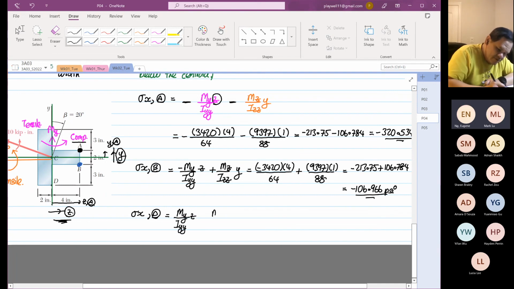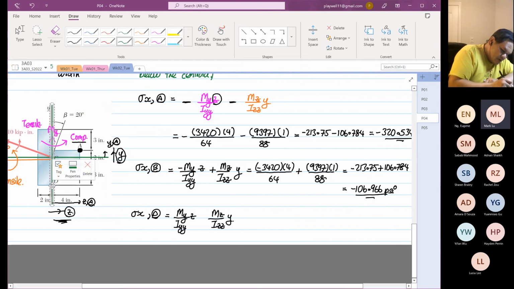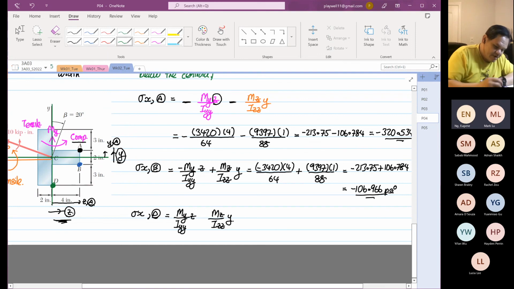Then we have Mz over Izz. And if we look at point D, the z distance over here is equal to 0 because it's exactly at the centroid. Sorry, I got this wrong.